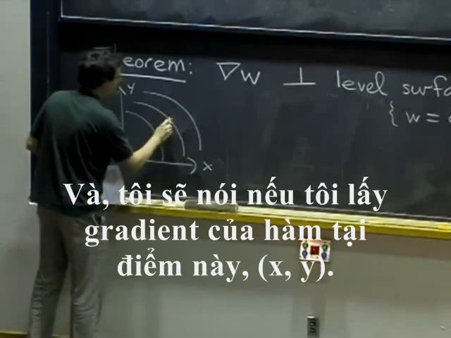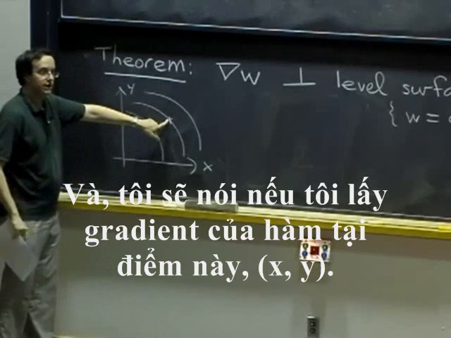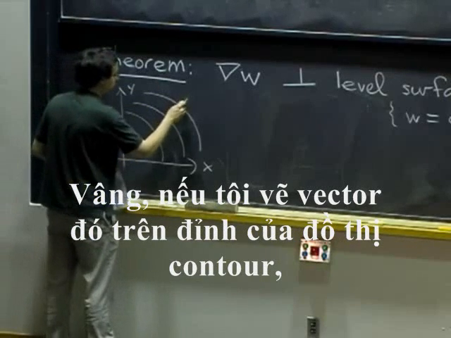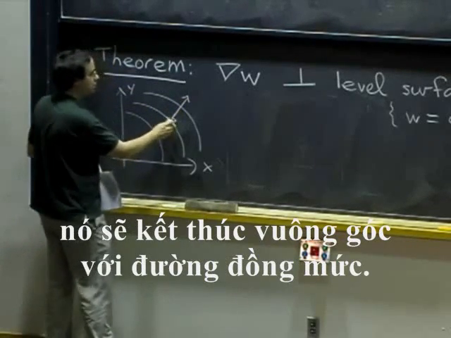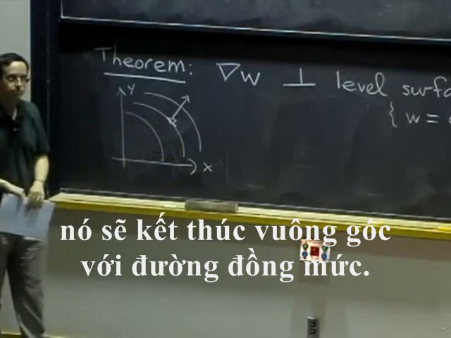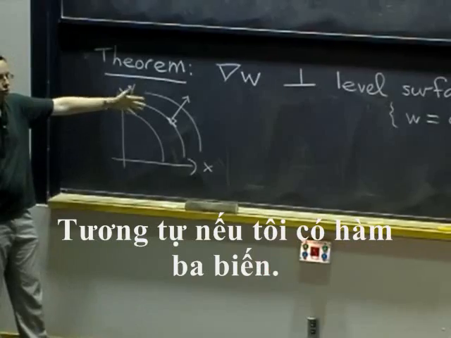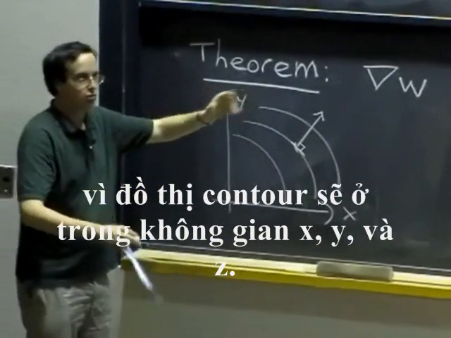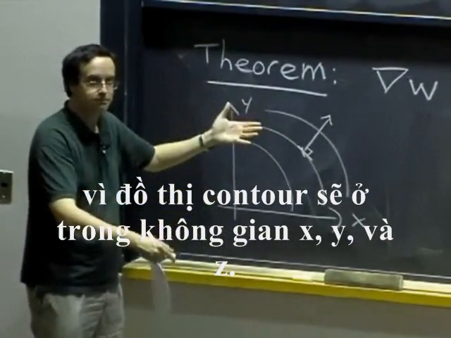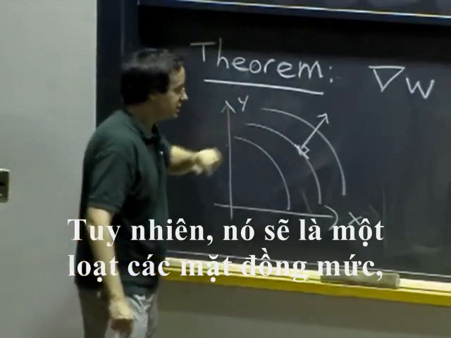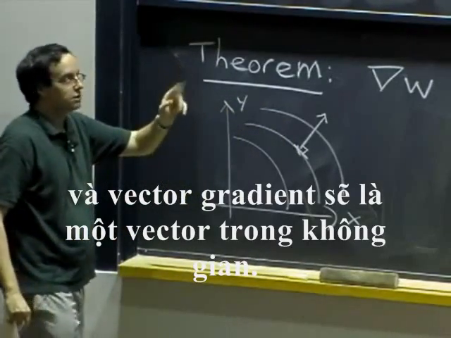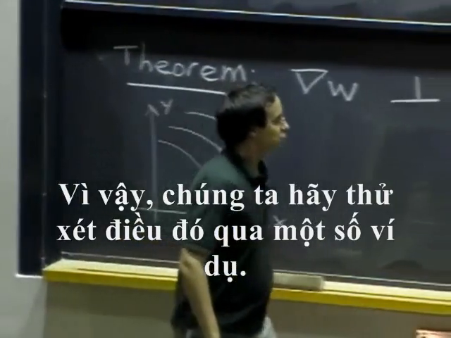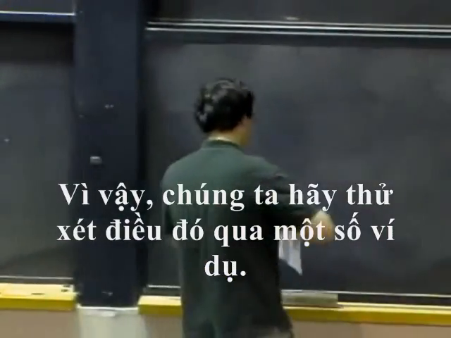If I take the gradient of the function at this point x, y, I will have a vector. If I draw that vector on top of the contour plot, it's going to end up being perpendicular to the level curve at this point. Same thing if I have a function of three variables: I can try to draw its contour plot. Of course, I can't really do it, because the contour plot would live in space with x, y, and z. But it would be a bunch of level surfaces, and the gradient vector would be a vector in space. That vector is perpendicular to the level surfaces. So let's try to see that on a couple of examples.